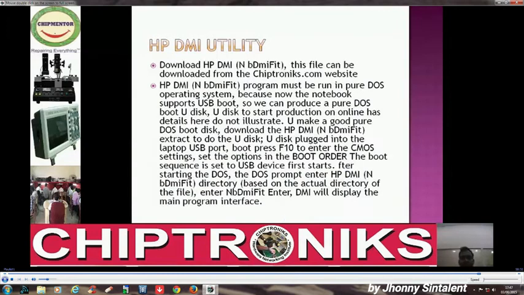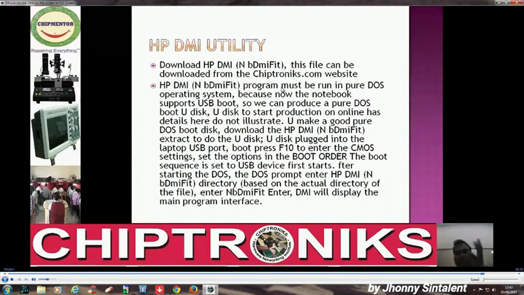Let's go to the next slide. As I said, you can download this HP DMI, or NBDMI Fit, as this tool is called, from our website chiptronics.com. But before running this, you have to make a USB bootable pen drive. You have to copy this, and then you can run your laptop in DOS mode, right?